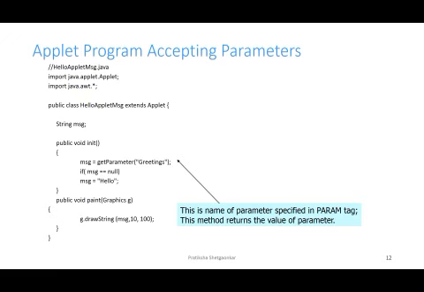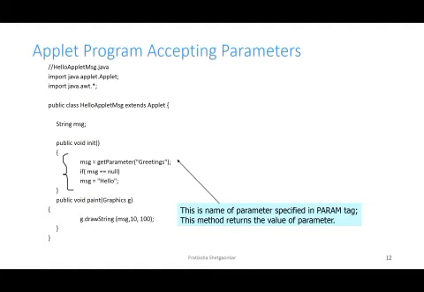In the previous slide we defined the HTML code which wraps the code for the applet which accepts the parameter. Now this is the actual applet code which can accept the parameters from the user. In this code you can see there is an init method which is used for accepting the parameters.